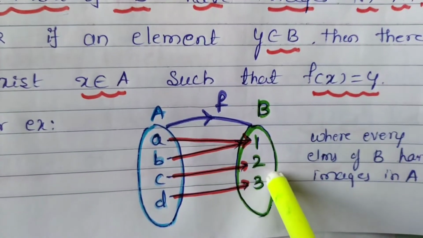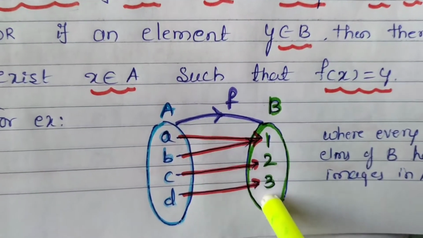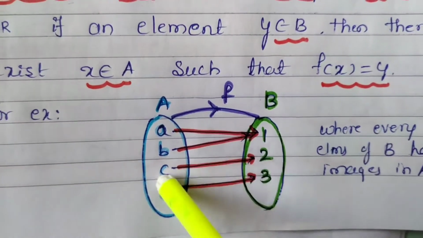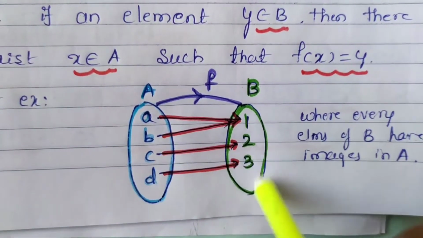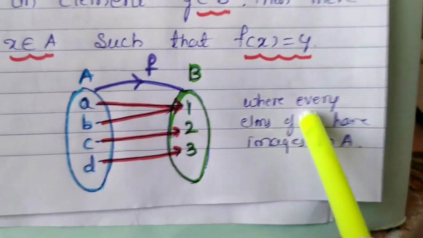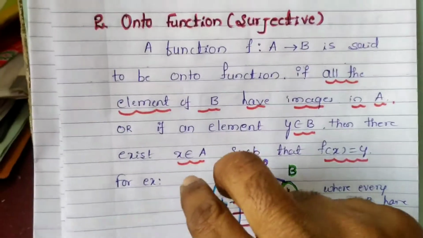First of all, it is a function because every element of A is associated with a unique element of B. This condition is satisfied. The function is said to be onto when every element of B has an image in A. Where every element of B has an image in A, this function is called the onto function. So what have we defined?